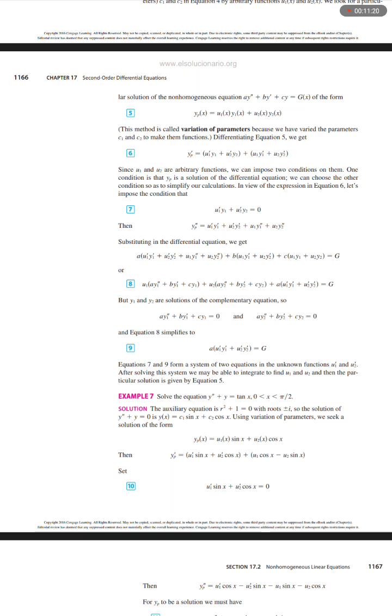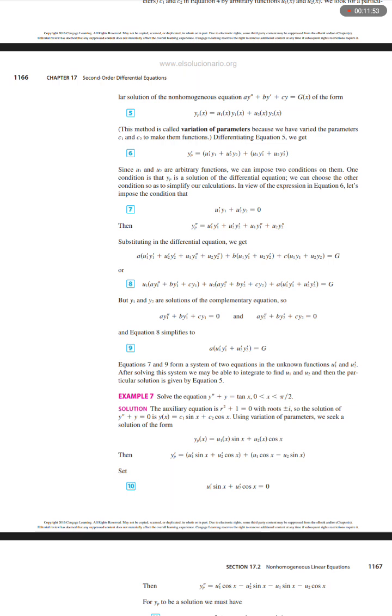And equation 8 simplifies to equation 9, a open u prime sub 1 y prime sub 1 plus u prime sub 2 y prime sub 2 close equals big G. Equations 7 and 9 form a system of two equations in the unknown functions u prime sub 1 and u prime sub 2.